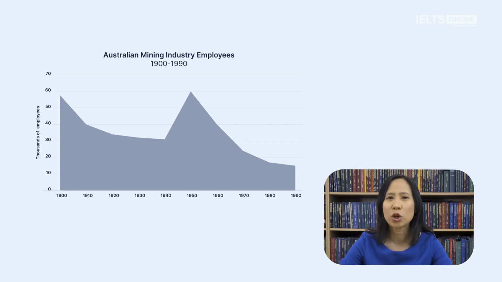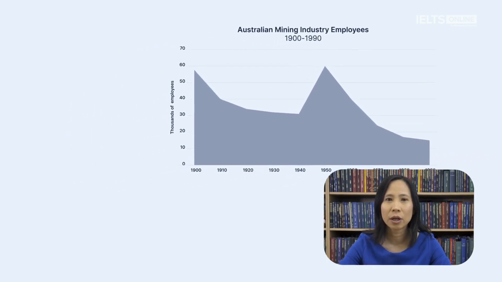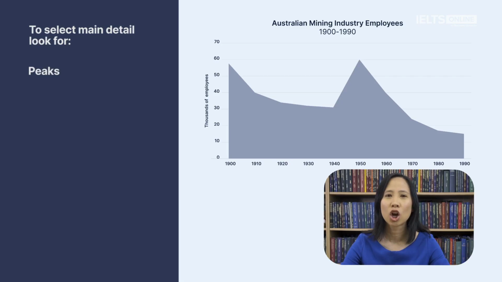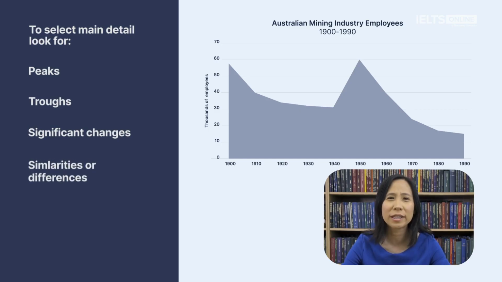If you do this, you cannot receive more than a band 5 for task achievement. You need to select the main details. You can do this by looking for the following: peaks, troughs, significant changes, similarities or differences.